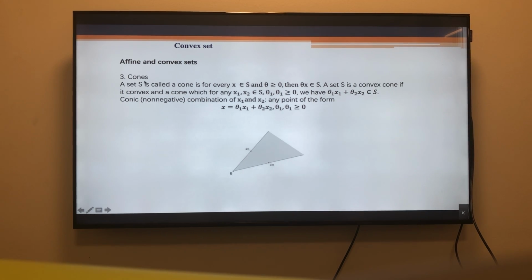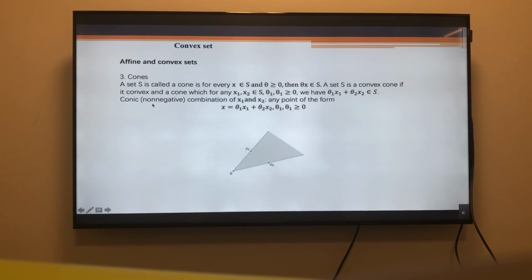And for the cone, a set S is called a cone if for every x in S and theta greater than or equal to 0, we get theta x in S. We call S a convex cone if it is convex and a cone, which means for any x1, x2 in S and theta 1, theta 2 greater than or equal to 0, we have these functions.